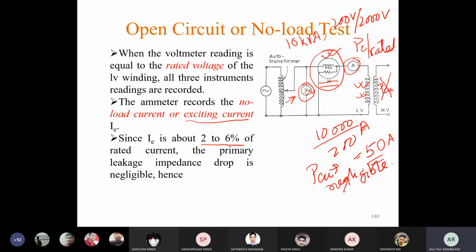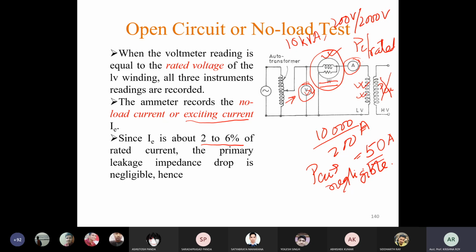So whatever may be the core loss here, that is the rated core loss. And copper loss is due to only the exciting current, which is a very small current because it is only 2 to 6% of rated current. So due to that small amount of current, the copper loss will also be very small.